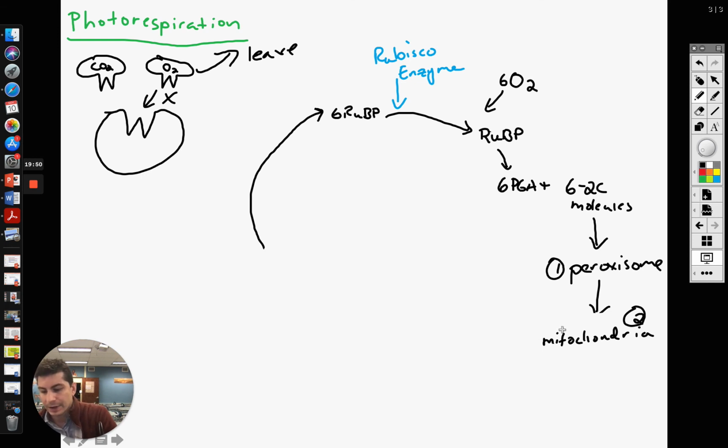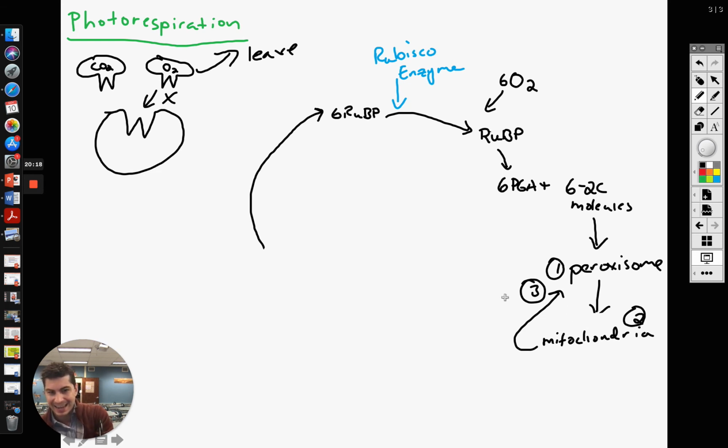The peroxisome makes glycine, okay? The mitochondria is going to take the glycine. It's going to transform it into serine. The mitochondria is then going to take it back, I'm sorry, back to the peroxisome. Crazy, right? Peroxisome can then take the serine in and transform it into glycerate.